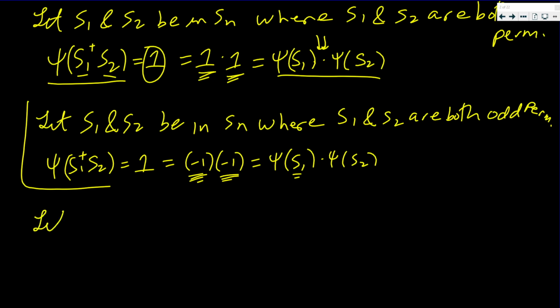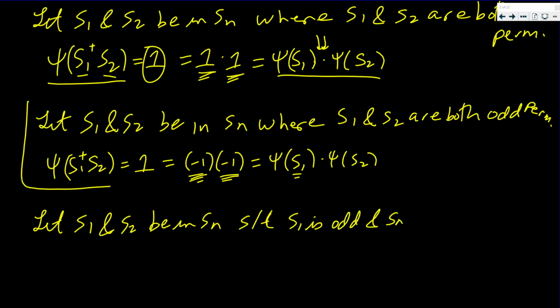Now, let S1 and S2 be in Sn such that S1 is odd and S2 is even. So phi of S1S2: an odd plus an even is odd, and phi of an odd is negative 1.